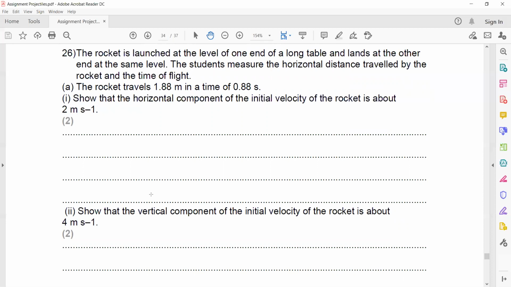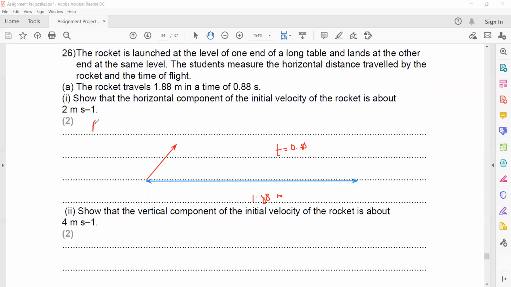The range is given. Because the range actually depends on the horizontal component. The range is given as 1.88 and the time interval is 0.88.